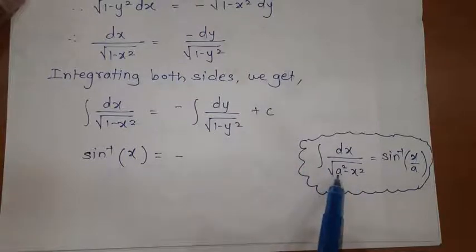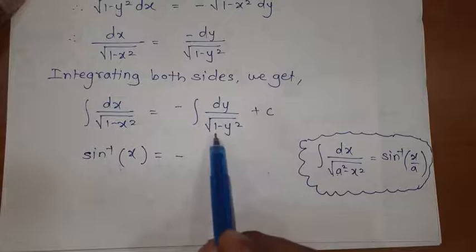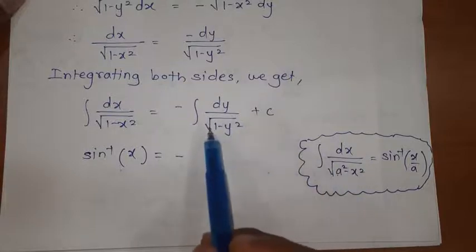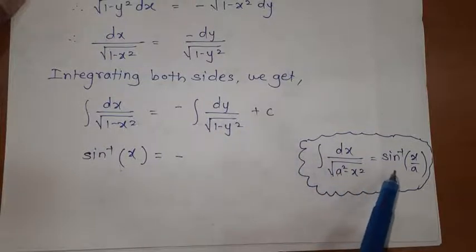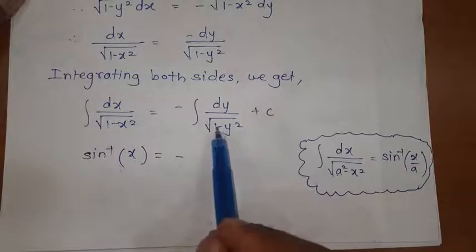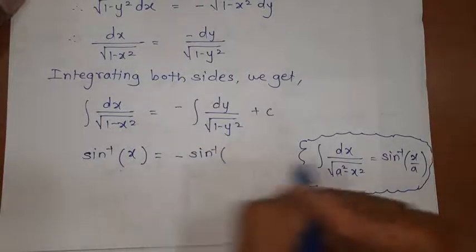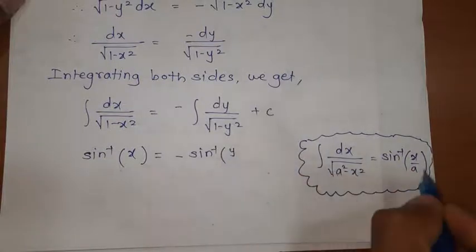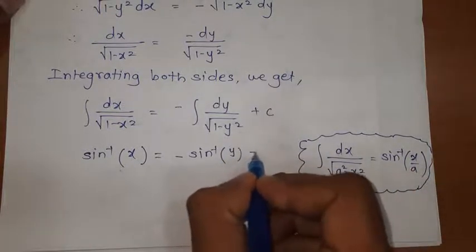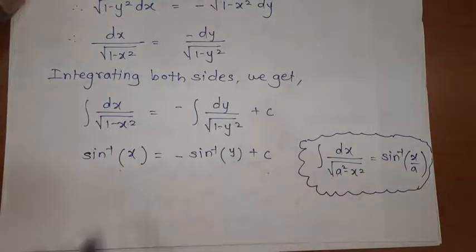At the place of a, we have 1, and instead of x we have variable y here. So can you tell me what will be the value of this integration? Obviously it is sine inverse, at the place of x we have y and the value of a is 1, so plus c.